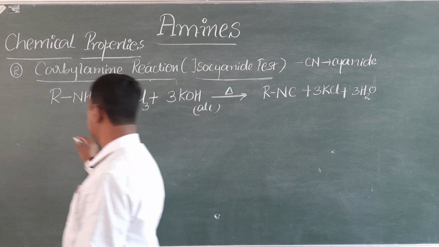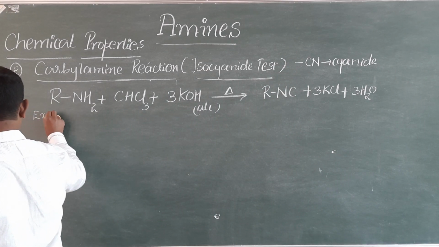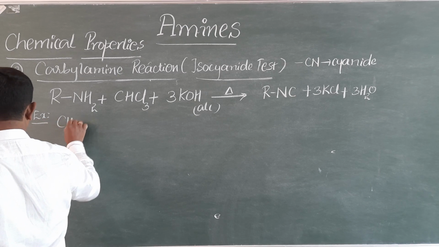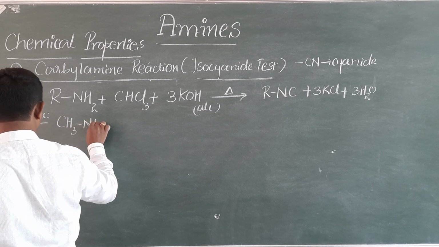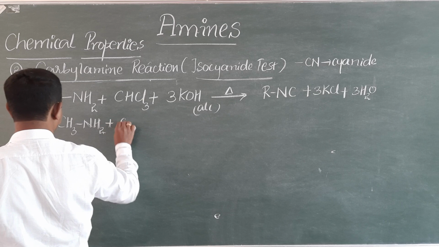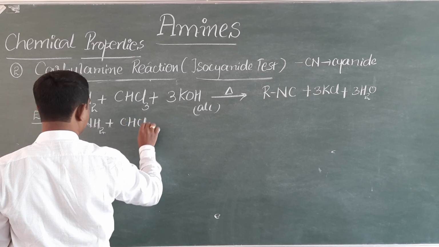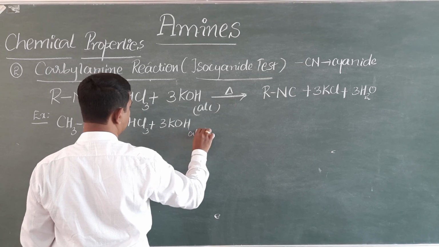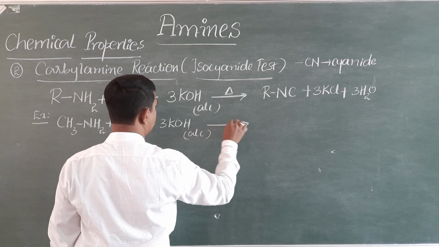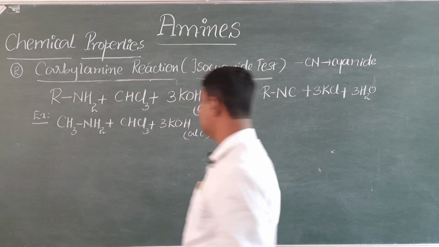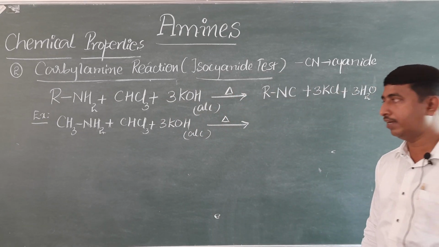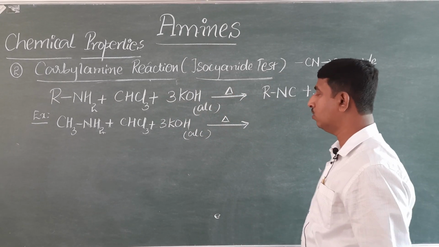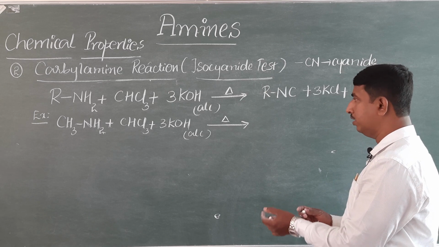For example, methylamine, when it is heated with chloroform and alcoholic potassium hydroxide. Methylamine heated with chloroform and alcoholic potassium hydroxide.